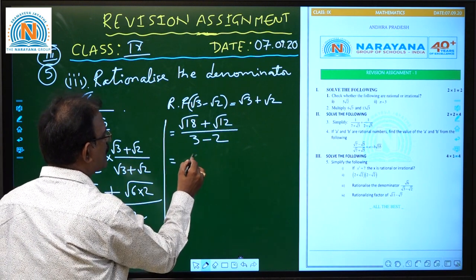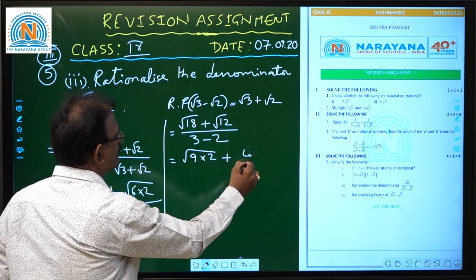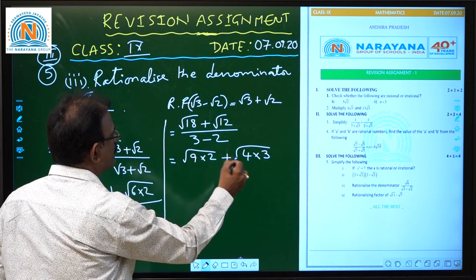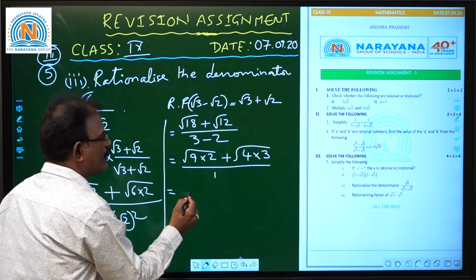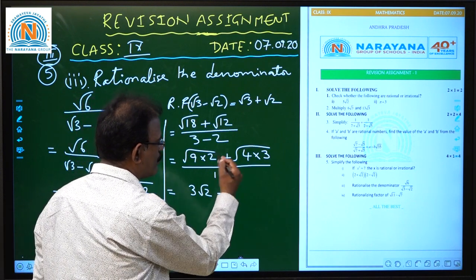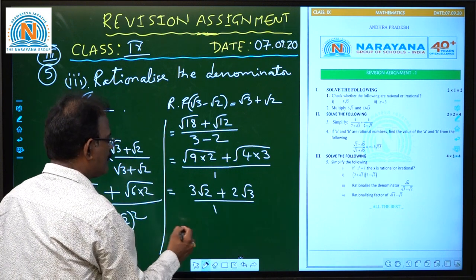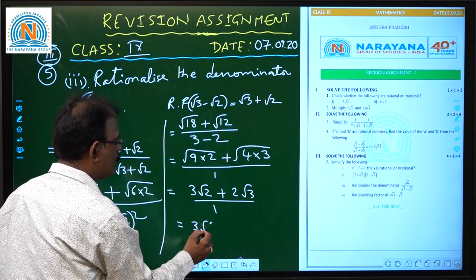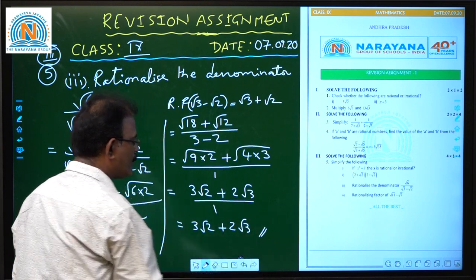So 18 can be written as 9 into 2, and 12 can be written as 4 into 3. 3 minus 2 becomes 1. So 9 comes out as 3 root 2, plus 4 comes out as 2 root 3, divided by 1. Dividing by 1 makes no difference, the value remains the same.